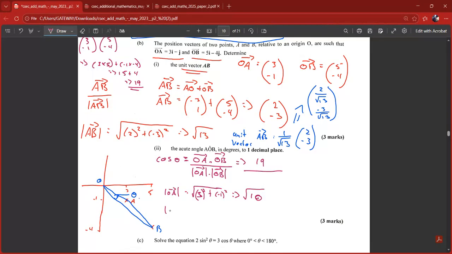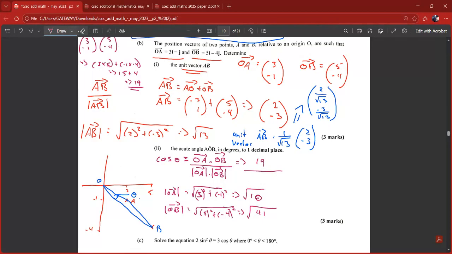And then the modulus of OB, try to take your time with these calculations. The square root of 5 squared plus negative 4 squared. I'm going to write this better. 5 squared is 25 and 4 squared is 16. So 25 plus 16, 41.